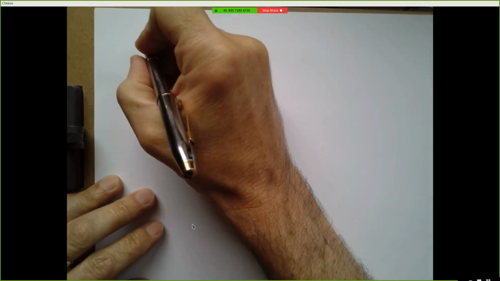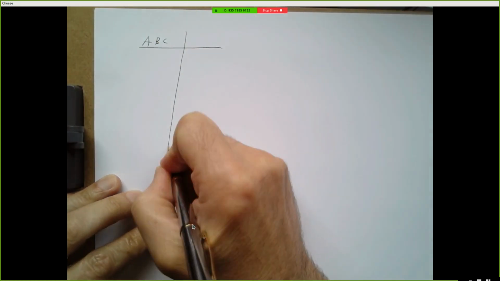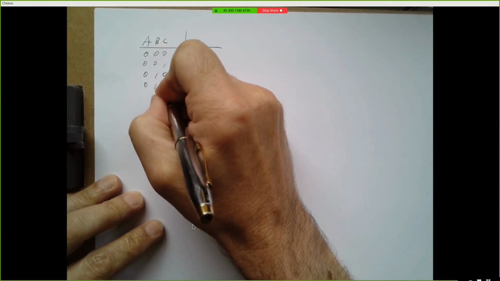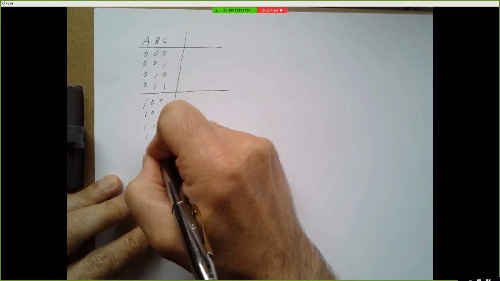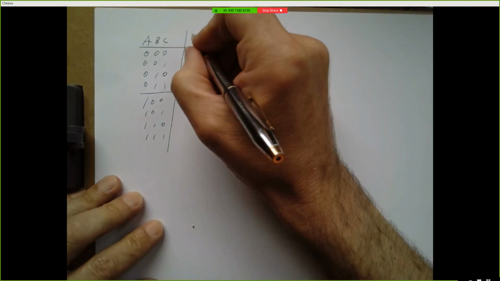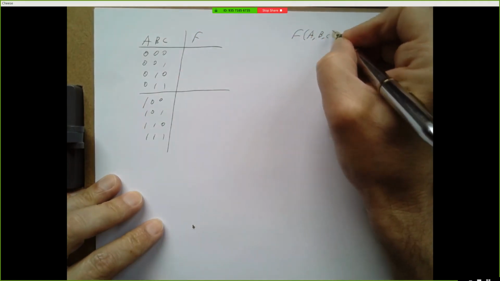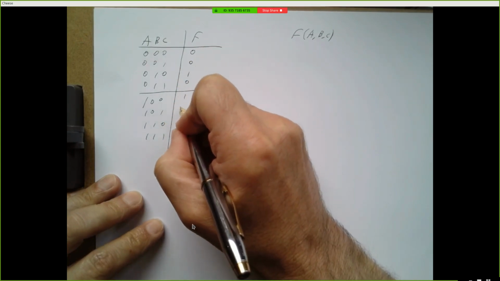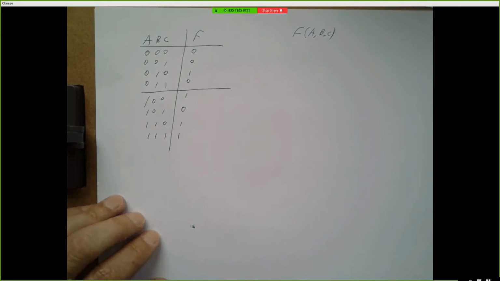Let's just call them A, B, C. And we'll fill in our usual collection of input combinations, and we've got some function of A, B, C. And let's say our truth table looks like that.